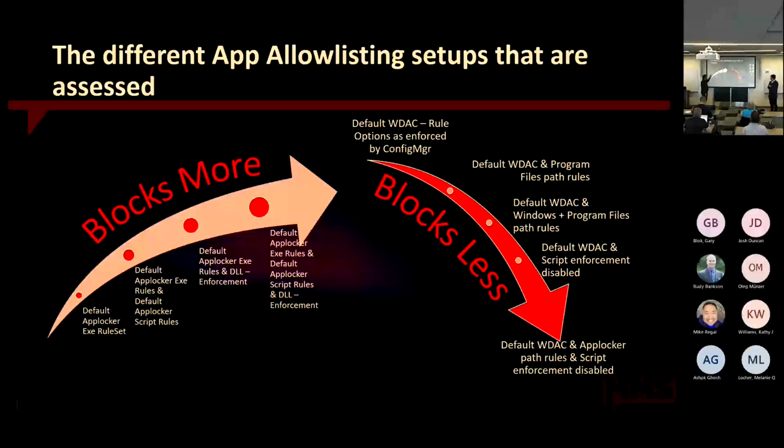And then you can increase the way that AppLocker blocks more and more things by enabling scripts, by that you start blocking scripts. If you want to go more secure, you can enable DLL blocking. And then if you want to go more secure, you just make the combination of exe, DLL, and scripts.